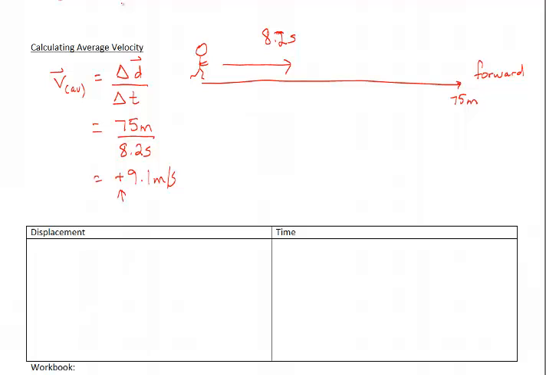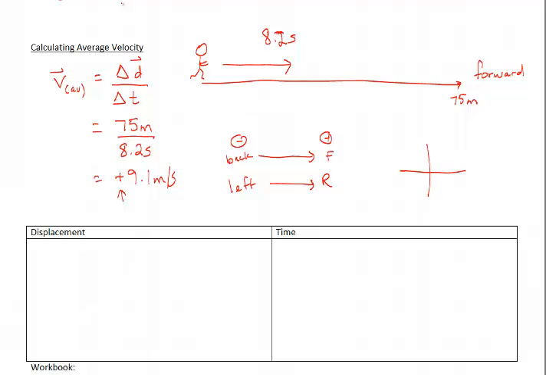And if you recall, we give these directions positive and negative values. So if you're moving forward, it's positive. If you're moving backward, it's negative. Left is negative.